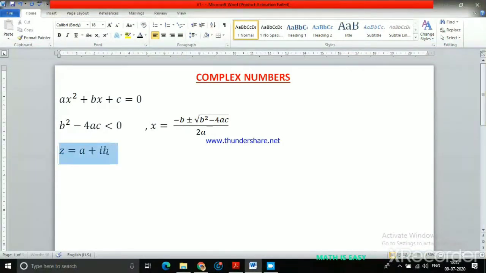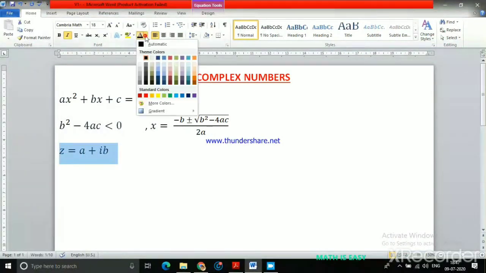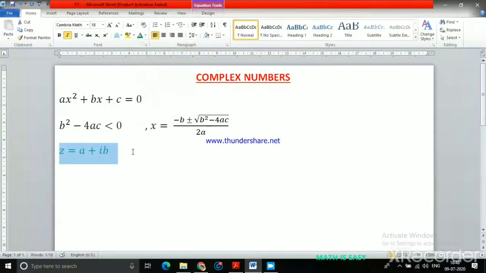Z equals to a plus ib. This is the general form of a complex number. Here a is called the real part and b is called the imaginary part, where a comma b both belong to real numbers.